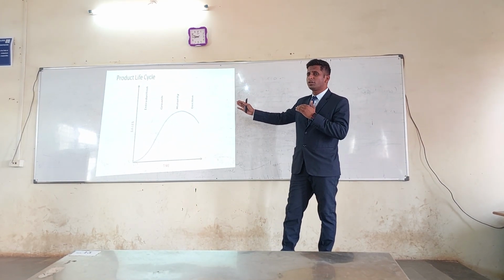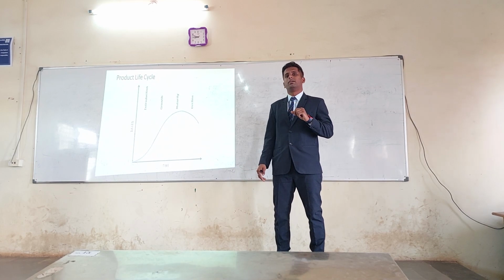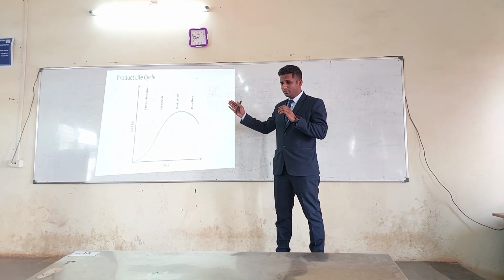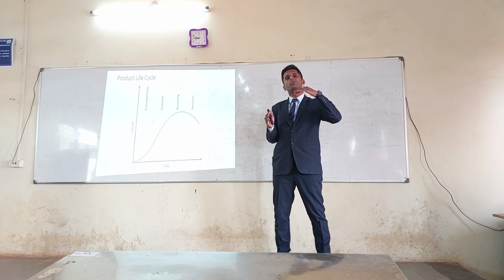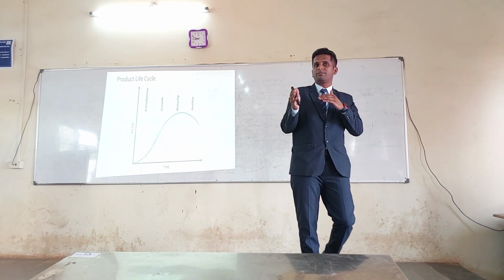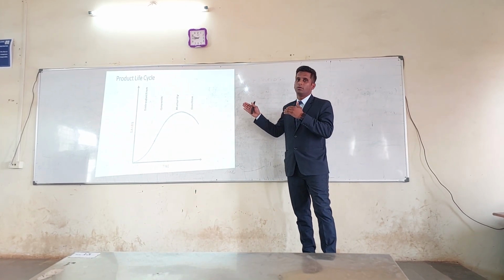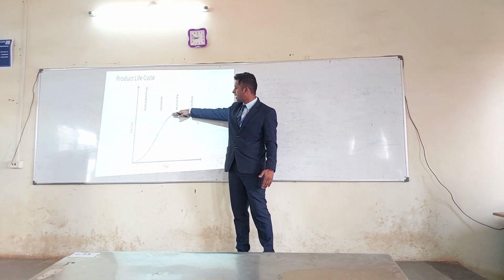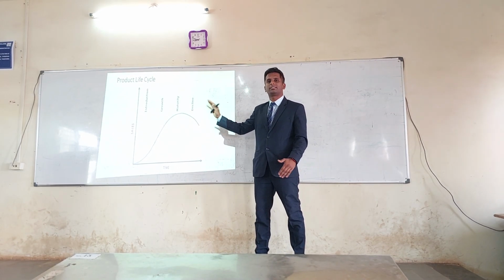And maturity, you will have peak profit, and in maturity you have to do more advertisement, or else if you are not doing advertisements at all, still, because of the brand value, it will also grow. So the maturity stage is like at the end. Decline is when it starts decreasing.